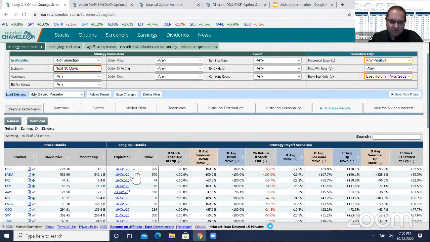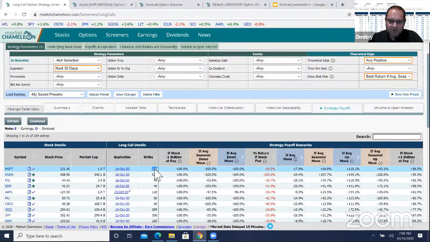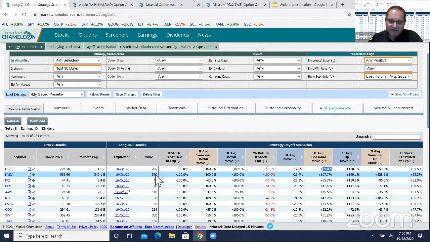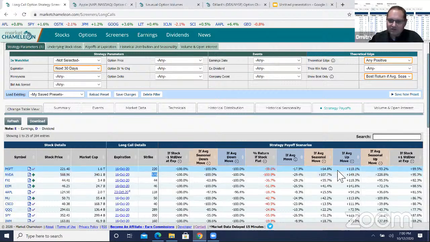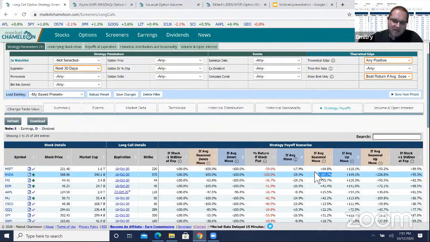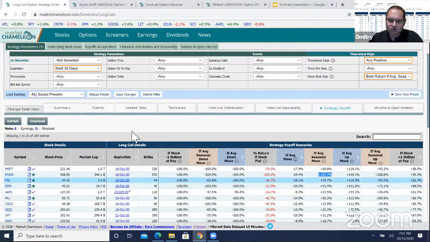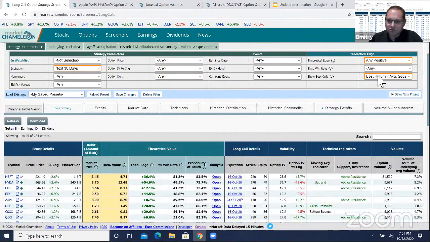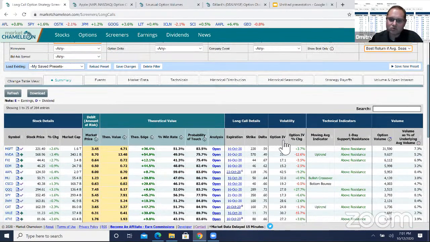Microsoft, the October 220 call, stock's at 221.40. If it does its average seasonal move, this option will return 64.8%. NVIDIA, it's looking at the 570 call. If it does its average seasonal move, this option will return 107%. FXI, and so on. That's how quickly it's going to go through and find you the best option based on the seasonality.